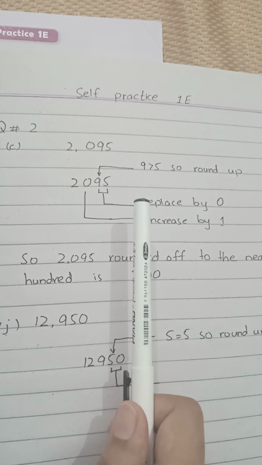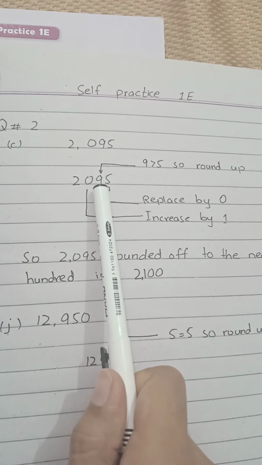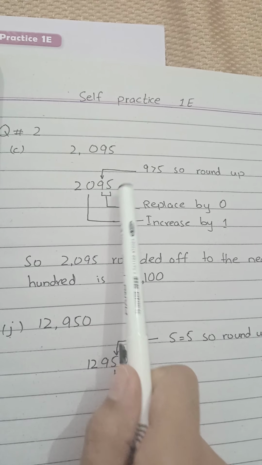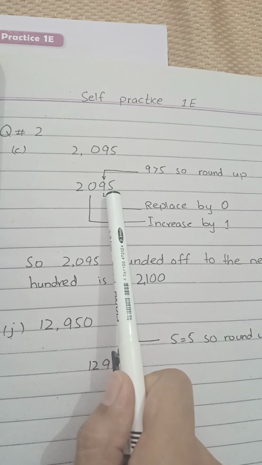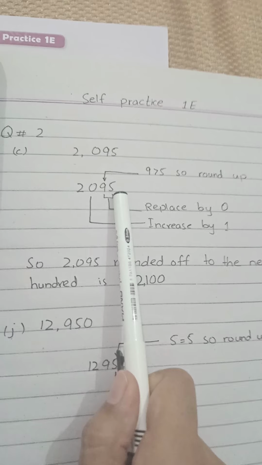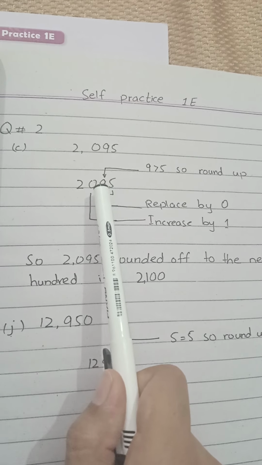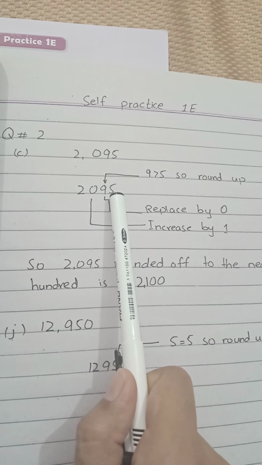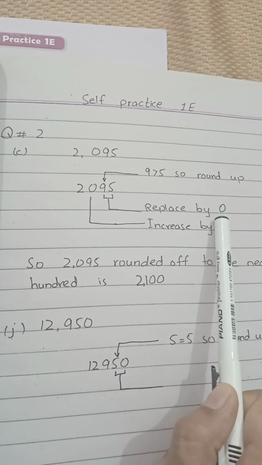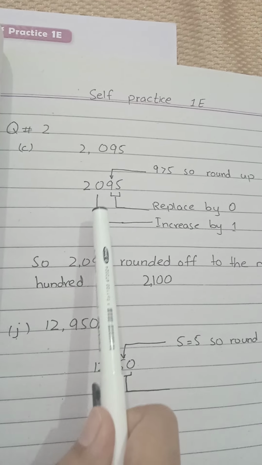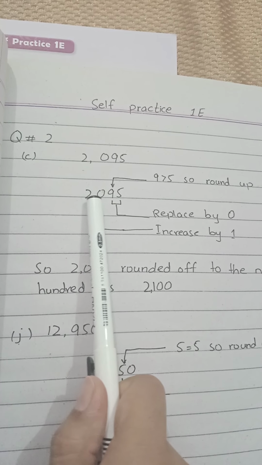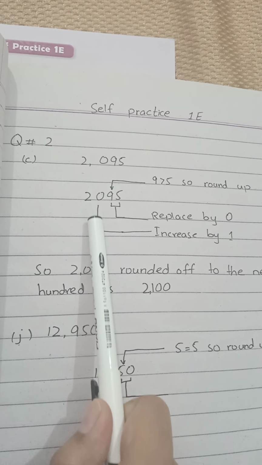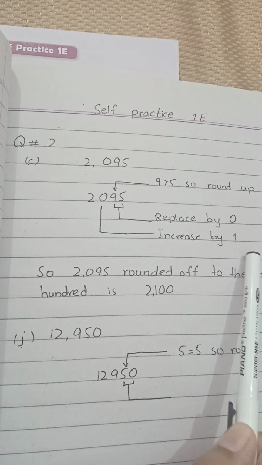In the previous case, when we looked at the ones number, we only replaced the ones number with 0. But now for hundreds, we will replace both tens and ones numbers with 0. And the number at the hundreds place value will be increased by 1.